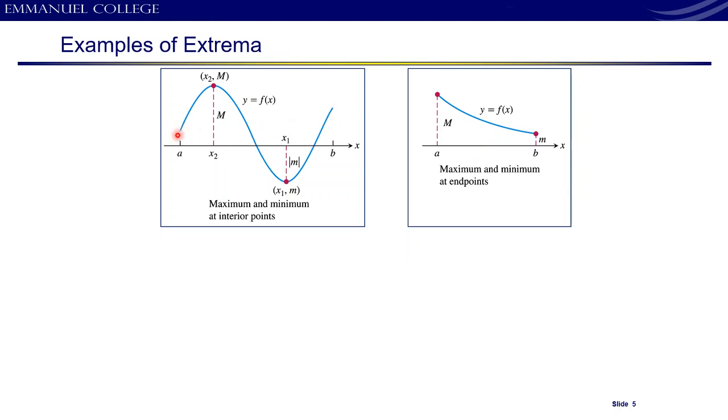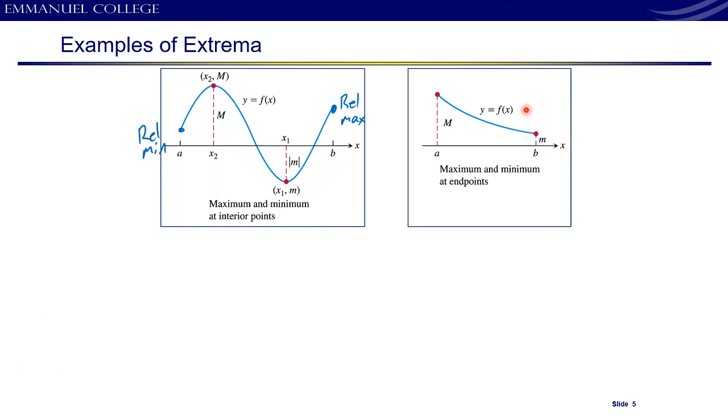Notice if we went back to here, just to be consistent, this endpoint would technically be a relative max of the function, and this would be a relative min of the function. But we don't have that here.